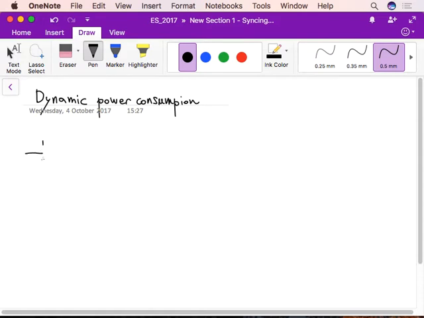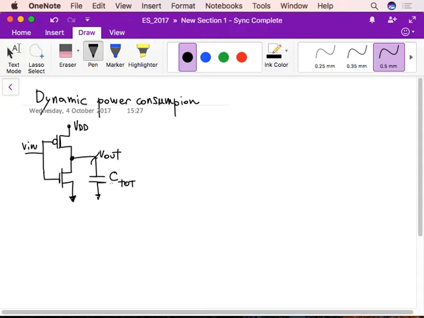Again, let's consider a simple inverter, and the load, the capacitive load.